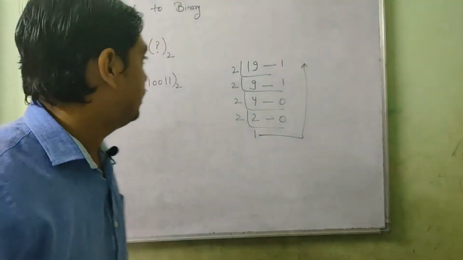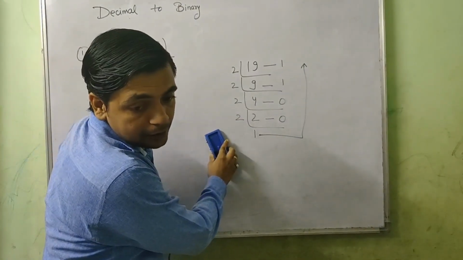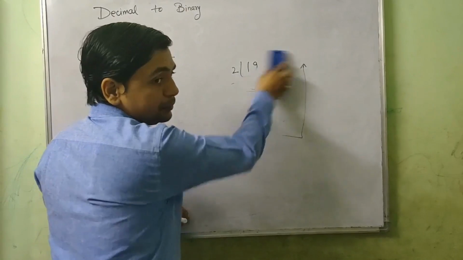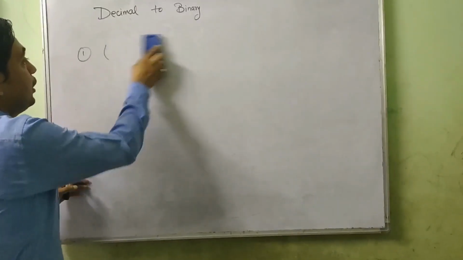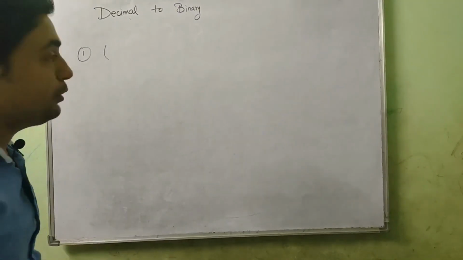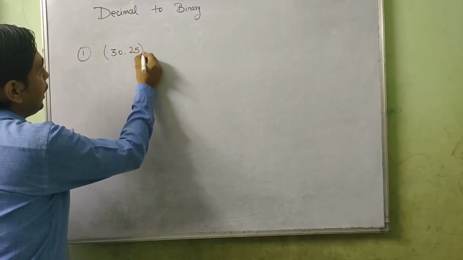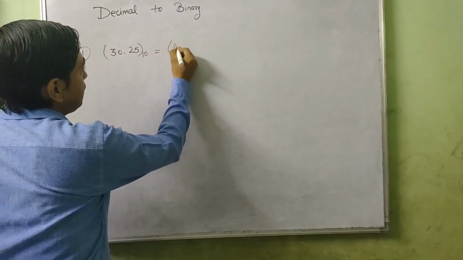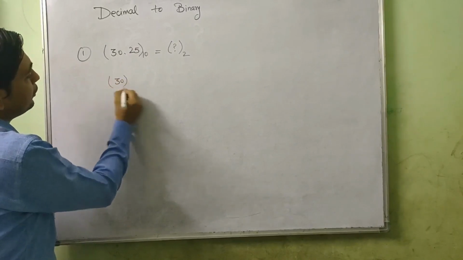For example, let's take the example 30.25, and let's convert 30.25 into binary. I told you that the integer part will be operated like that only. So 30 will be converted.